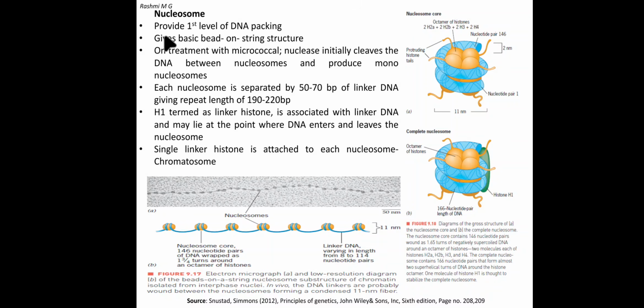See here, the nucleosome provides the first level of DNA packing. This orange part is the protruding histone tail, and this is the nucleosome core, which has 2 H2A, 2 H2B, 2 H3 and 2 H4, to which the blue strand, the DNA, is bound.